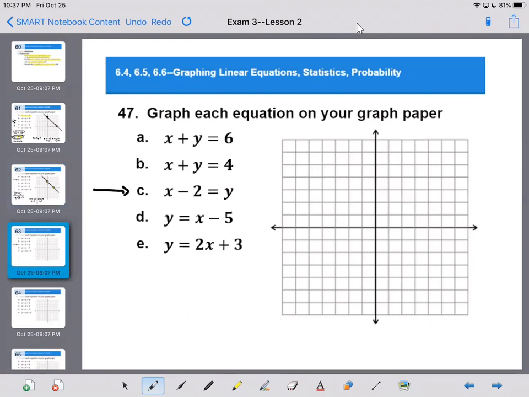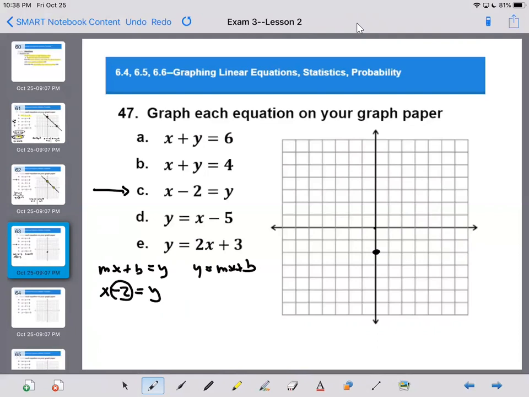It is in the form mx plus b equals y, which is the same as y equals mx plus b. The y can be on the left or the y can be on the right. It doesn't matter. So when we have x minus 2 equals y, this minus 2 represents the intercept. So I'm going to come 2 units below 0. You're always thinking you're starting at 0 and I'm moving 2 units below.